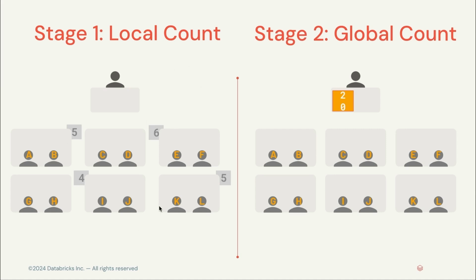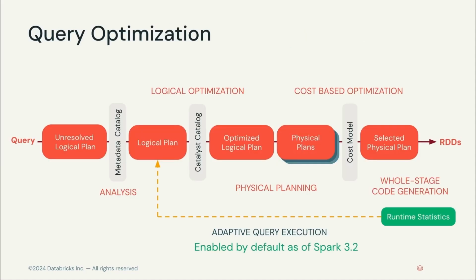So we have stage 1 is the local count, stage 2 is the global count. And this is only when there are tasks that need to be performed in order. We'll have some tasks assigned in stage 1, some tasks assigned in stage 2, and these two stages will be sequential.